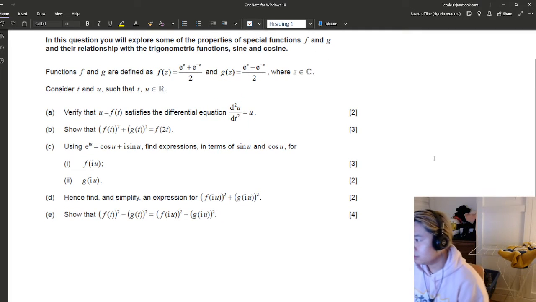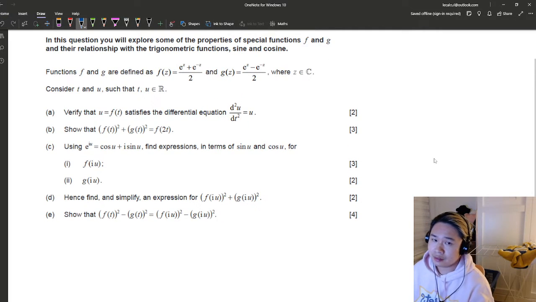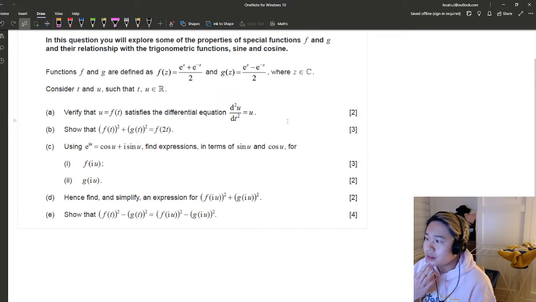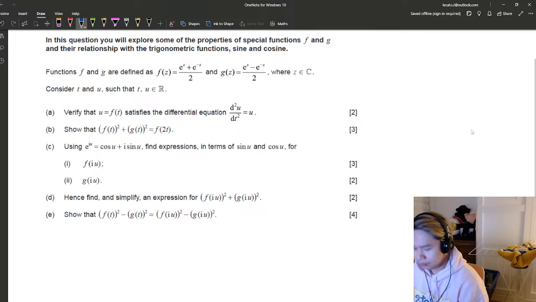Okay, so they're saying that the second derivative of u should be equal to u itself. So I guess we just take the derivative of f twice. So what is this going to be? F prime is e to the z minus e to the negative z divided by 2.